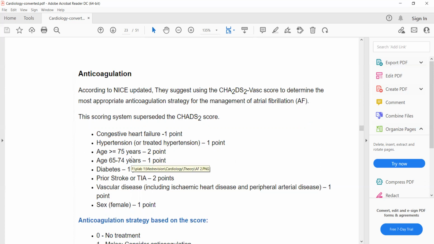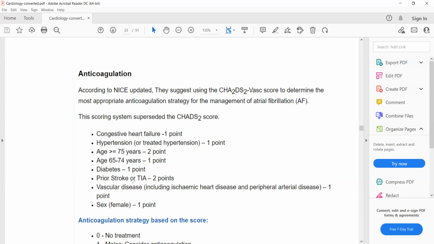And if age is below 75 years and above 65 years, then we will give 1 point. So for age, there is either 2 points or 1 point. If the age is 75 or above, then 2 points. Below 75, you can simply say that if the age is between 65 to 74, then 1 point.